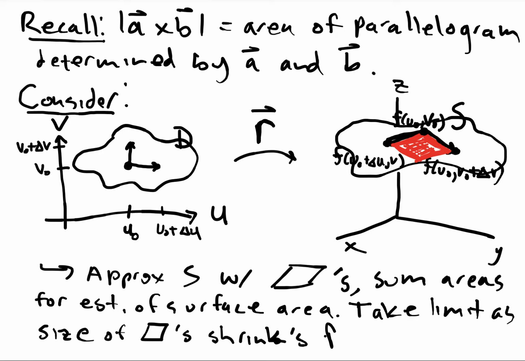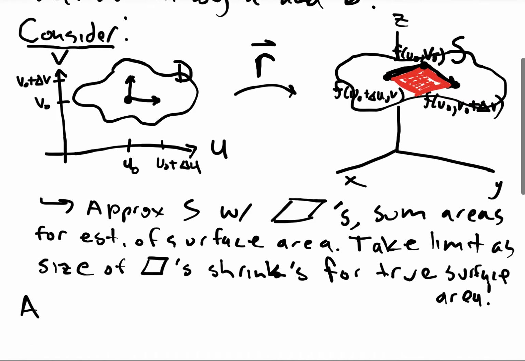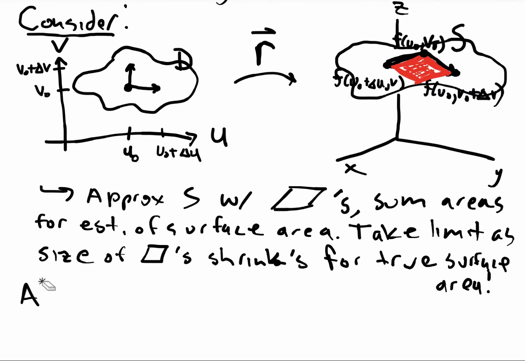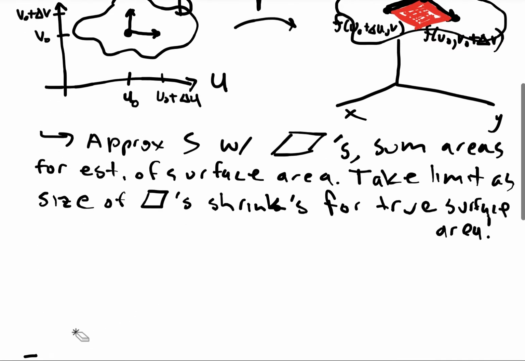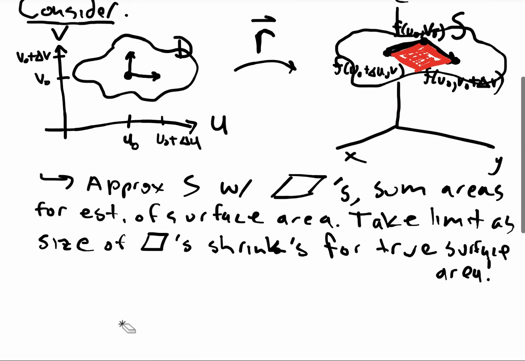That limit is going to give me my true surface area. Now, as far as that idea, how do I actually set this up? Okay, so that's my true surface area.